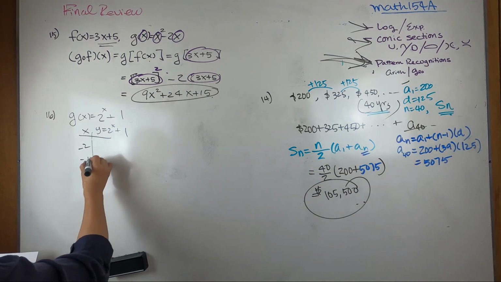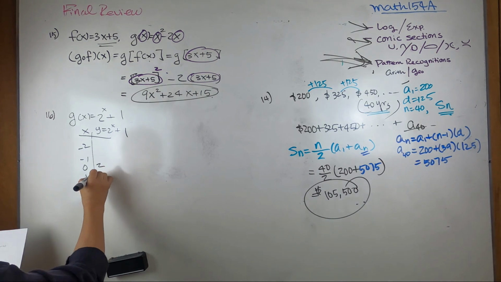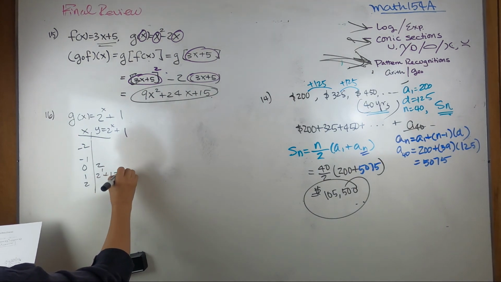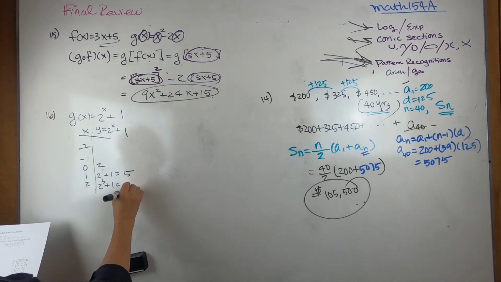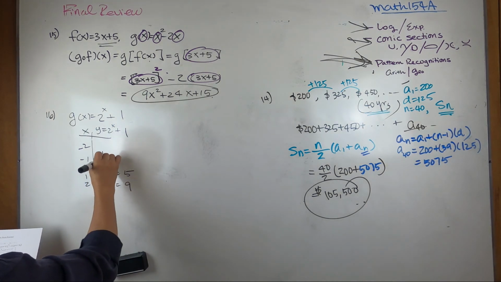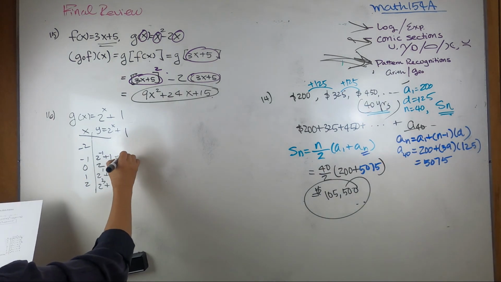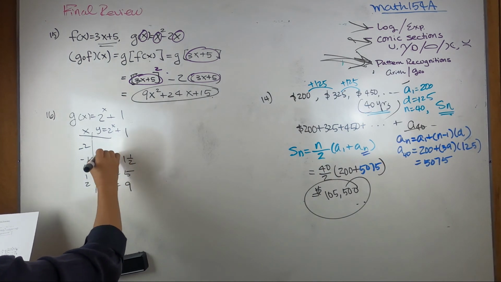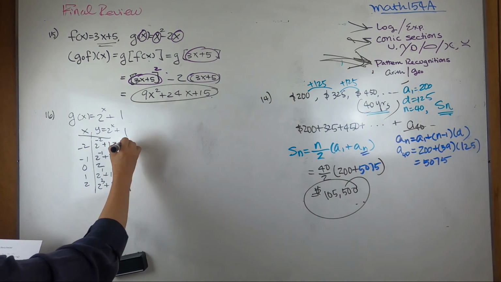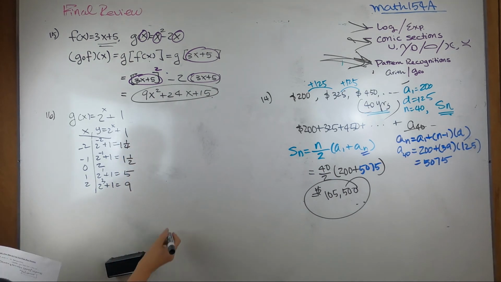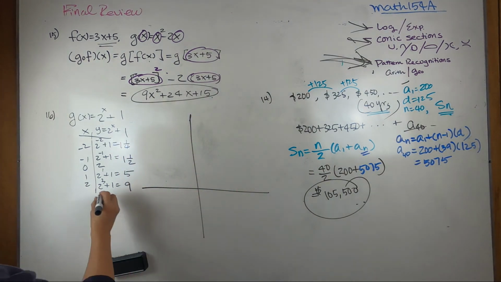We just plug in. 2 to the 0 plus 1 would be 2, 2 to the 1 power plus 1, that would be 3, 2 to the 2 power plus 1 would be 5. 2 to the -1 power plus 1, that's half plus 1, which is 1 and 1/2. 2 to the -2 power plus 1 is what? 1 and 1/4, right?